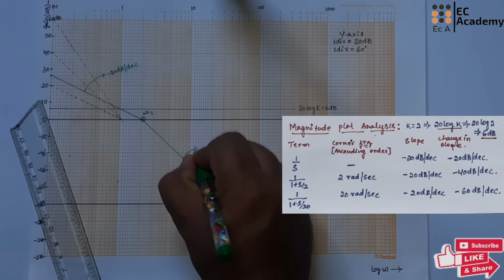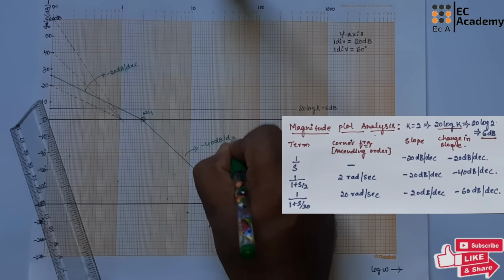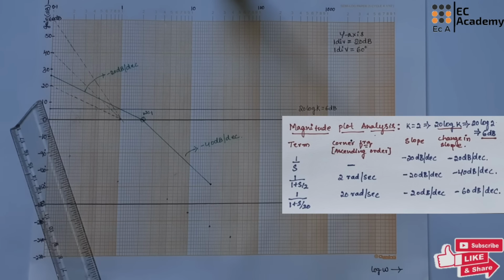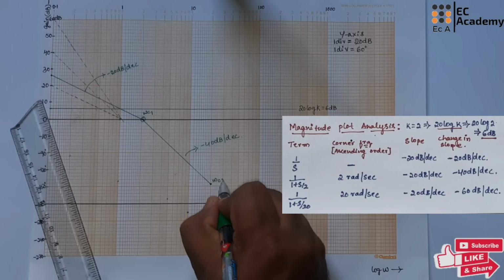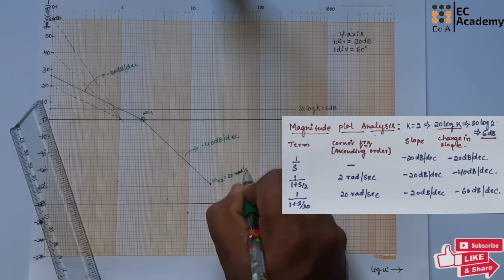So this is minus 40 dB per decade slope.